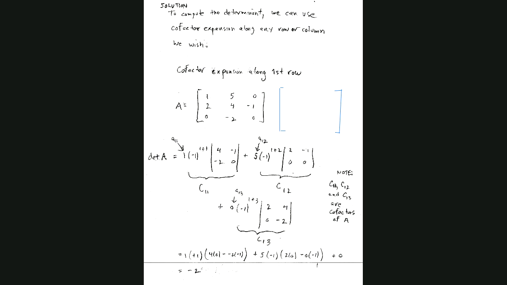I thought I was working with the third cofactor here, but I was not. So we have a determinant here, we have a determinant here, and it's correct as written. So this minus is a minus because it's part of computing this determinant here for the second cofactor.